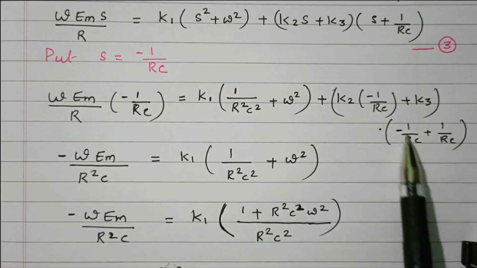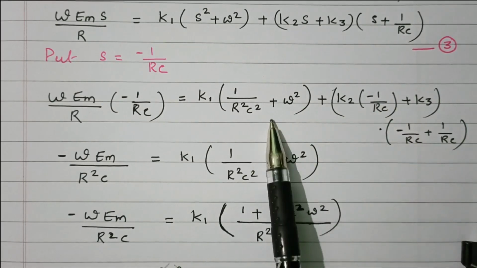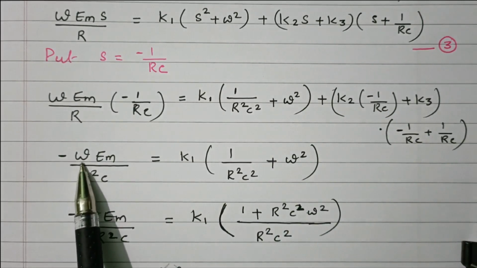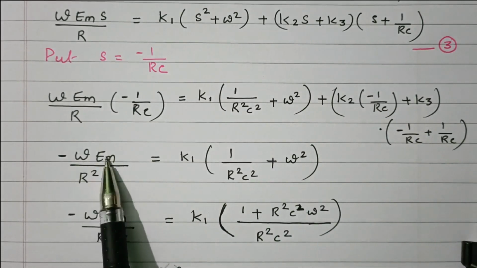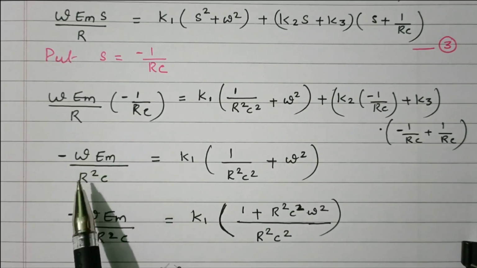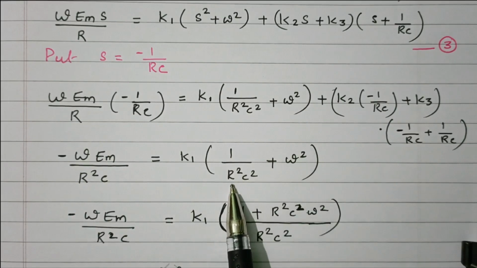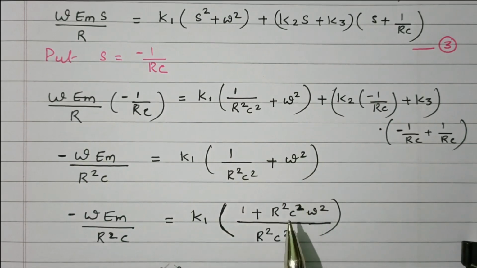So this term becomes 0 and only this term is available. Here minus is there: minus omega Em divided by R square C, equal to k1 into 1 divided by R square C square plus omega square.